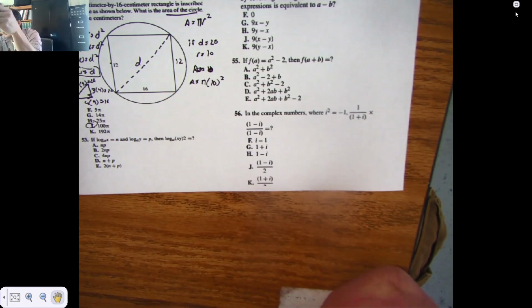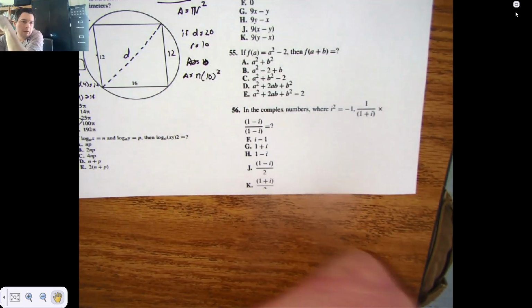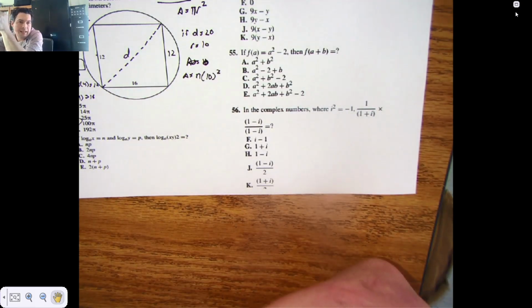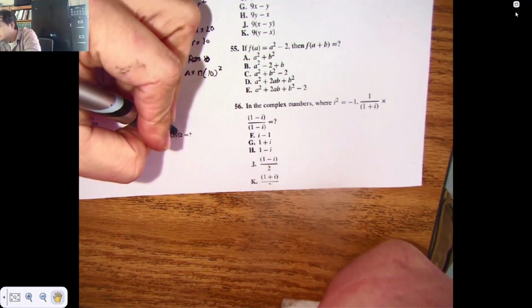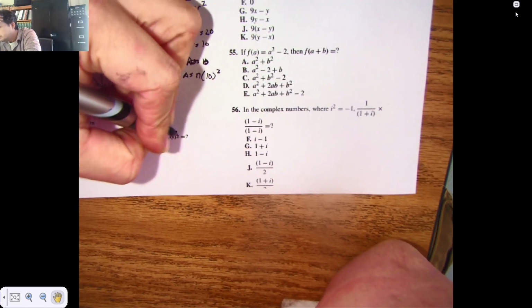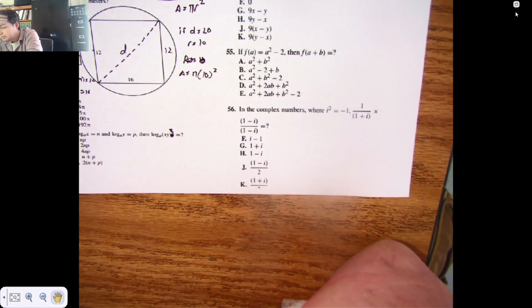What's 53? If log base a of x is n and log base a of y is p, then log base a of xy squared, I believe they want, is what?